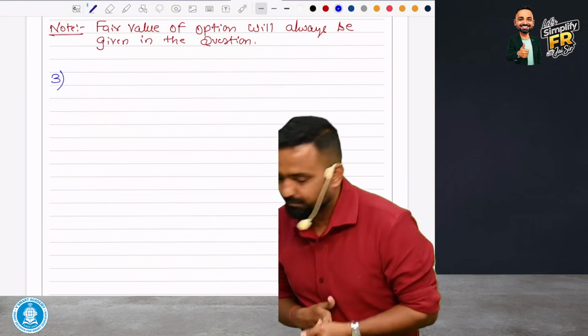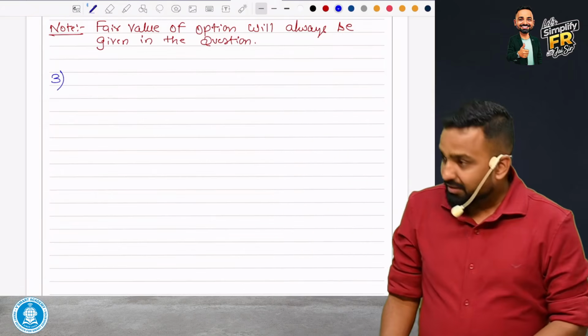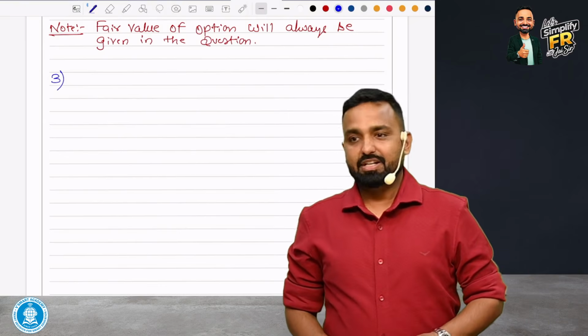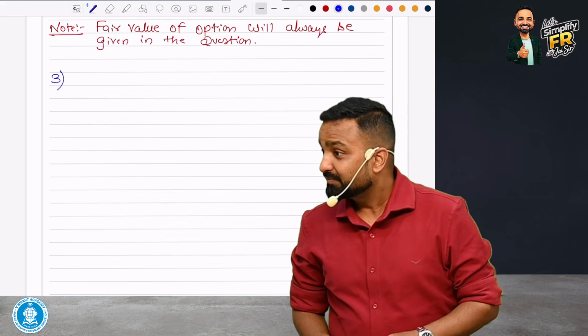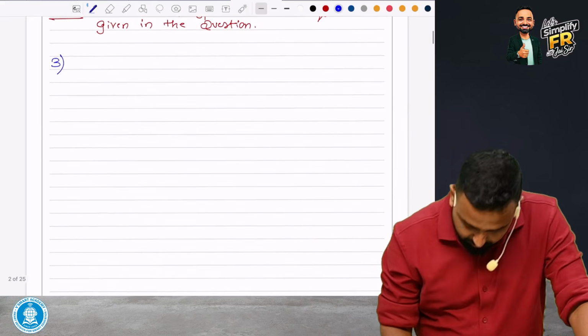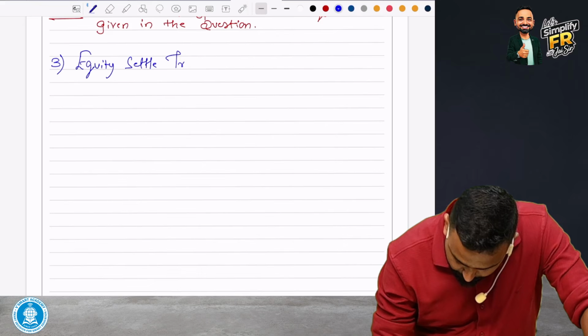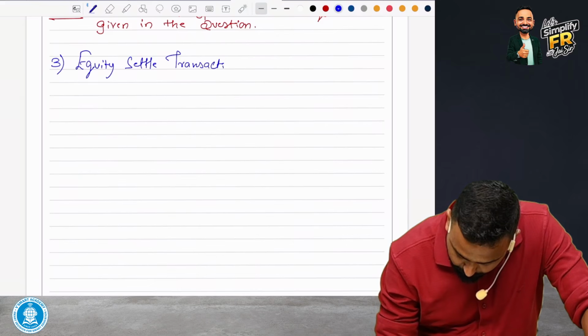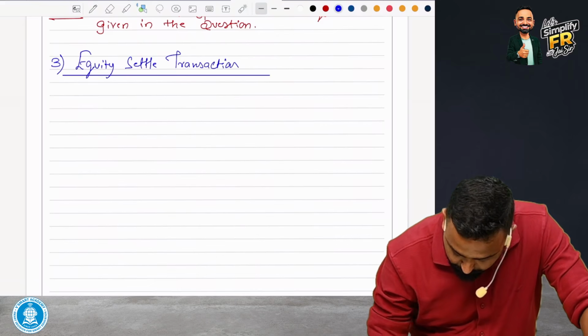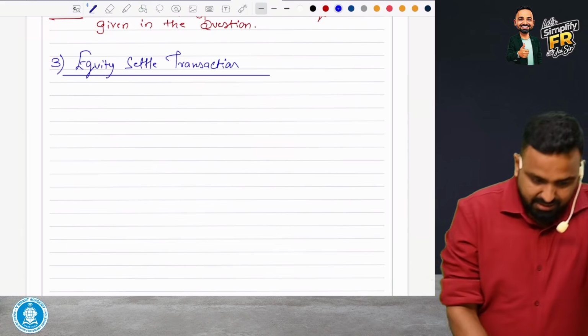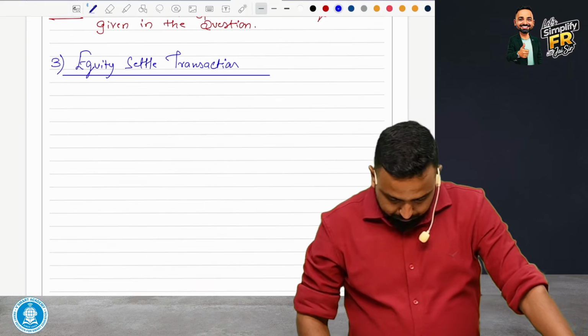Understood or not? We are starting with equity settled transactions.